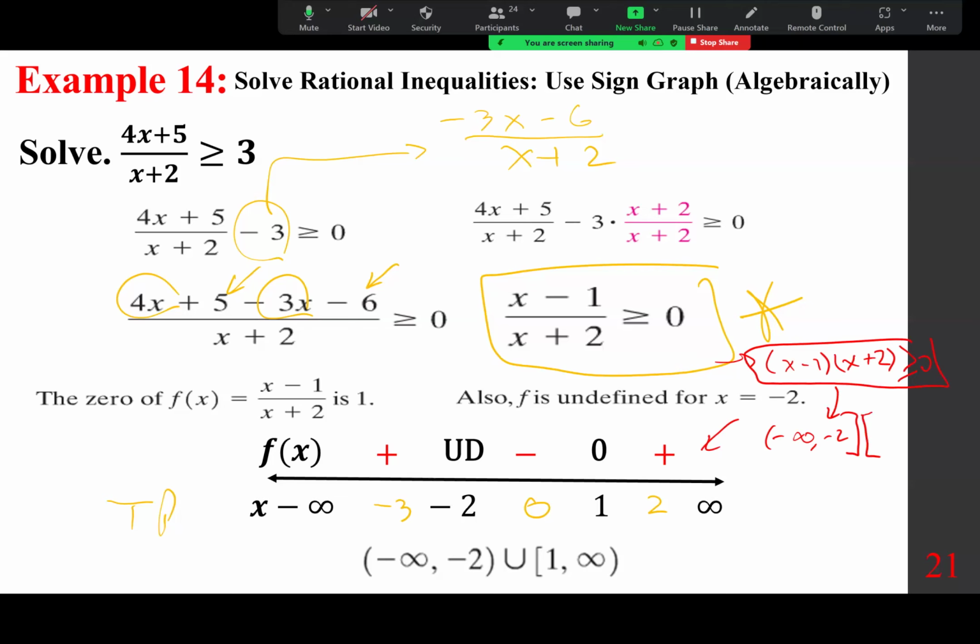Okay, union. Bracket 1 to infinity in case we had this. So I want you to distinguish between this. When the denominator is involved, you have to be careful what to exclude. This one doesn't have any denominators and uses the same number line. Instead of undefined, we would put 0 here. Okay.